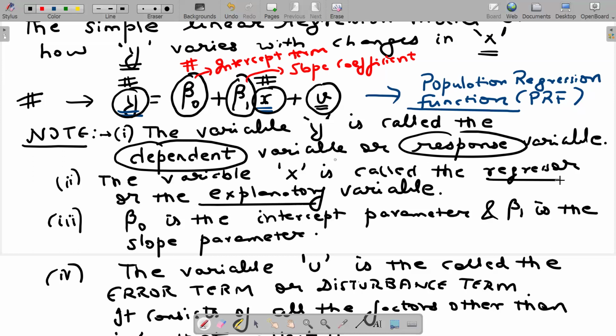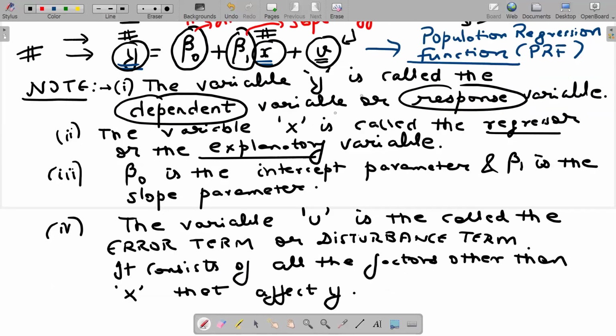Beta 1 is the slope parameter. This whole equation, beta naught plus beta 1x plus u, is called the population regression function because it's explaining how y varies with x in the population. U is the disturbance term which is going to capture all factors other than x that can have a possible impact on y.